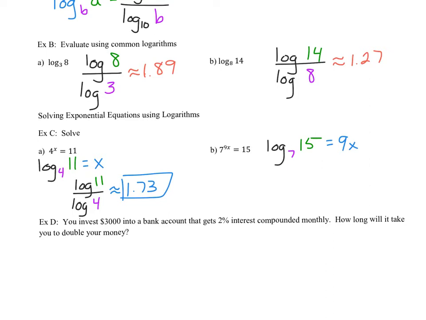But I can figure out what log base 7 of 15 is, so let's do that first. Over here I'm going to do log 15 divided by the log of 7. So that gives me 1.39 approximately. So what I'm going to do, actually, I'm going to make that a different color. Let's make that red.